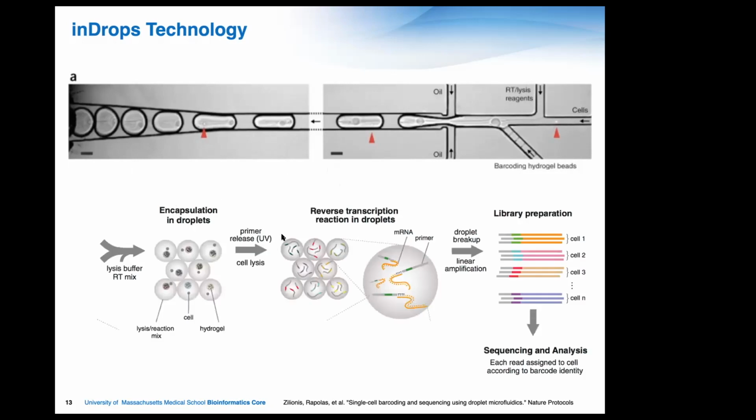Going into a bit more detail of what's going on here, with the lysis and RT mix, you form the encapsulation in droplets. These beads are hydrogel beads in InDrop, and in 10x they're also hydrogel beads. They have these beads loaded with oligos, and when you release the primer, you start the RT reaction within the droplet.